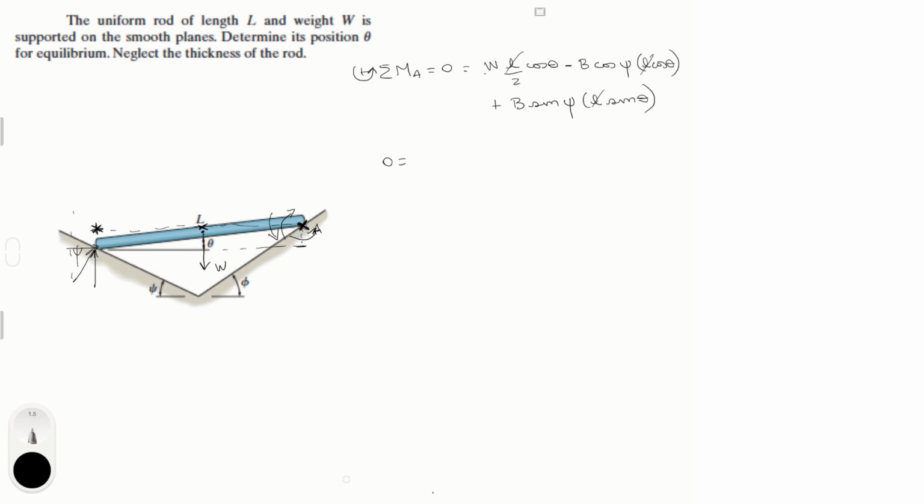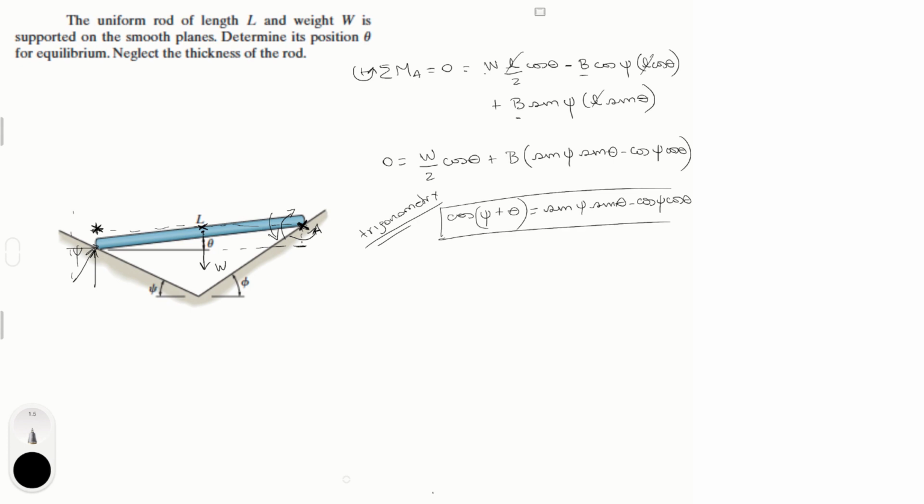And we get that 0 is equal to the weight over 2 cosine of theta plus, I'm going to factor out the B on these two terms and say, sine of psi sine of theta minus cosine of psi cosine of theta. Now, from trigonometry, we know that cosine of psi plus theta is equal to sine of psi sine of theta minus cosine of psi cosine of theta.